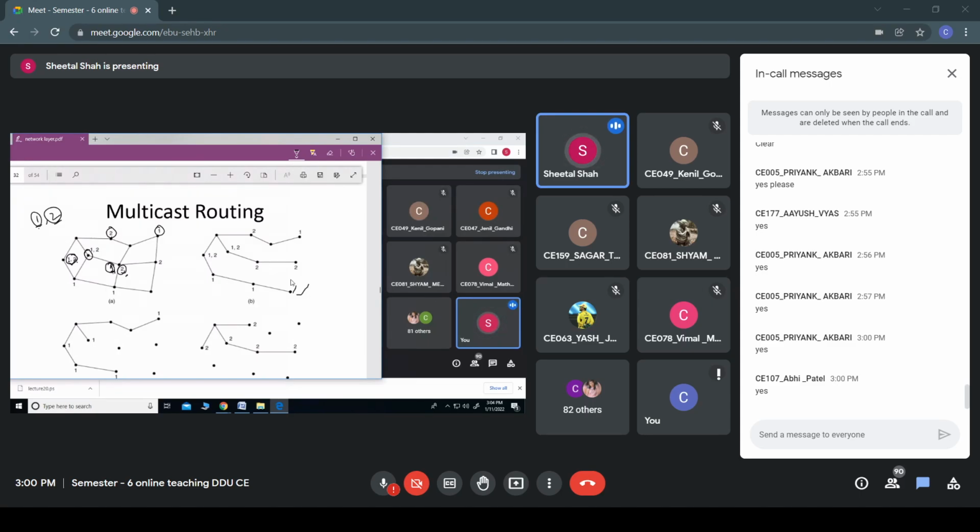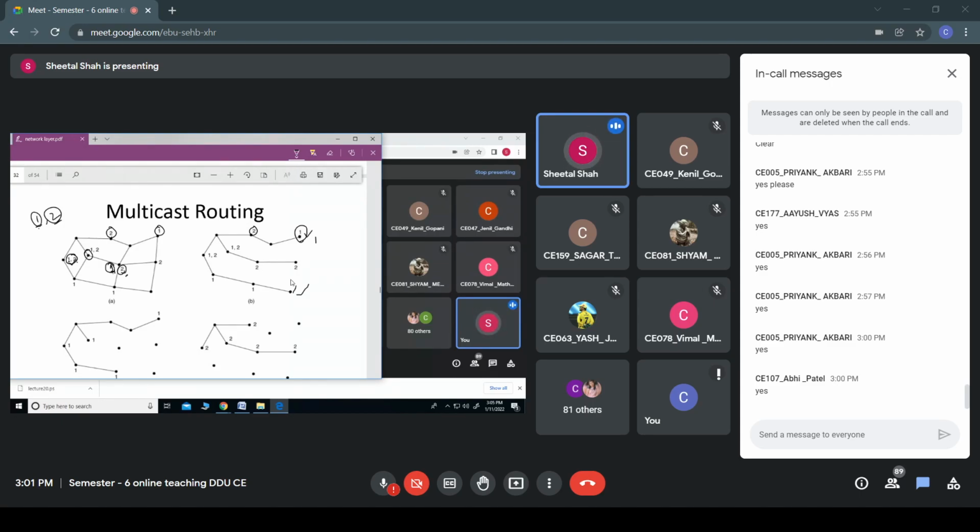We start from the ends of this spanning tree and check whether each router is a part of group 1. If yes, then include it in the group. If it is not a part of group 1, then it has to be excluded.